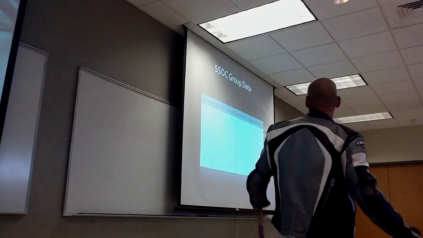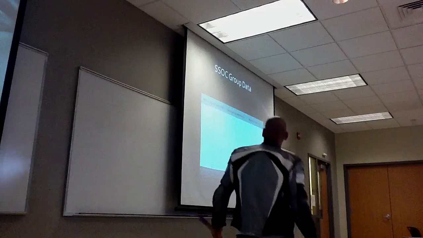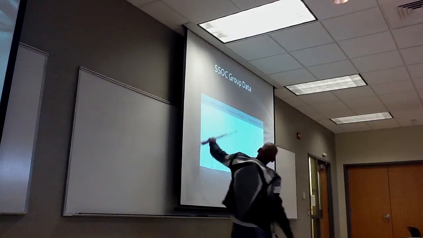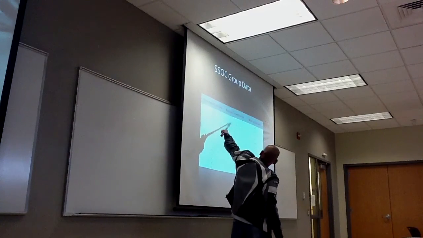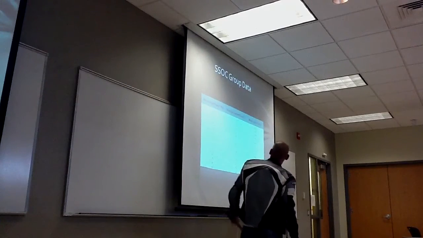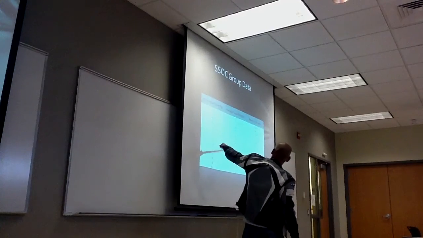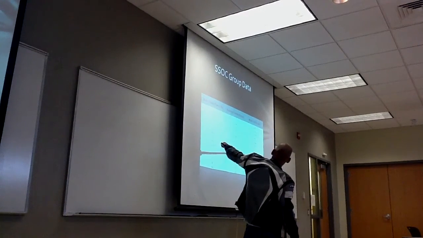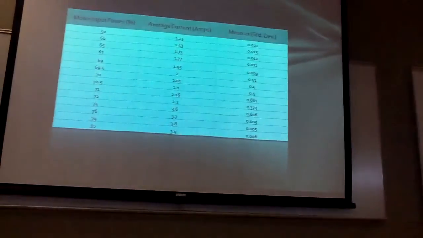This is the table. This is Justin's range right here, and this is mine, 2 and 3, and this is Lance's area over here.